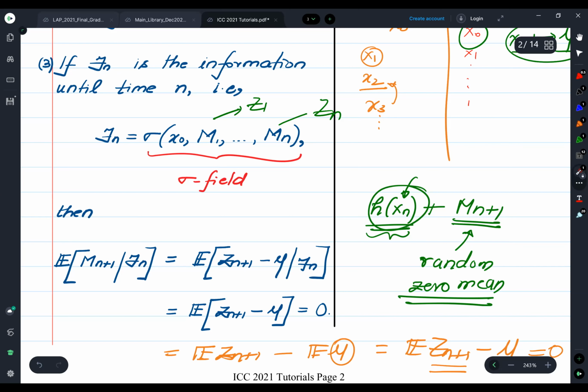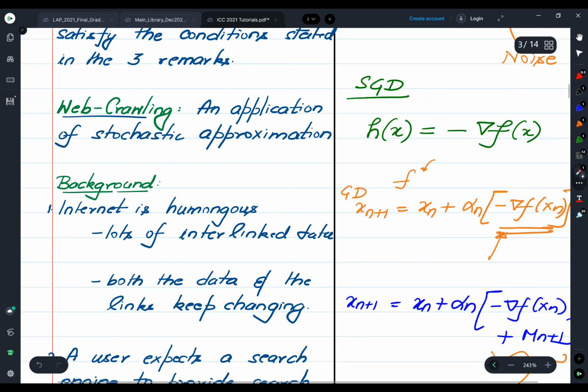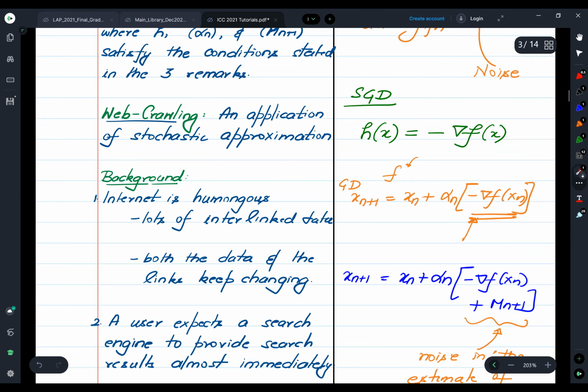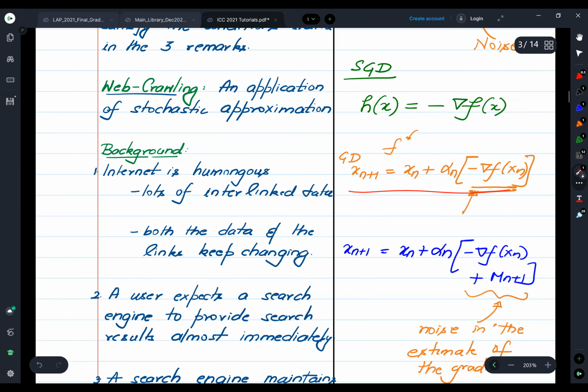All right. An alternative explanation could be in the context of stochastic gradient descent. As I said, in the context of gradient descent, the update rule usually looks like this. Often it may not be possible to evaluate the value of the gradient of a function. However, it may be possible to obtain a sample of the gradient of the function at xn. This sample is denoted by the expression in square brackets, and this expression captures all the noise that is there.